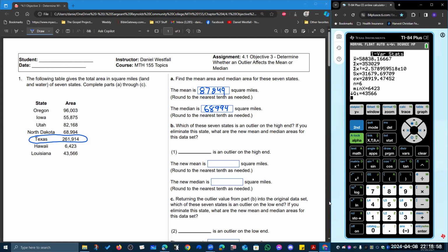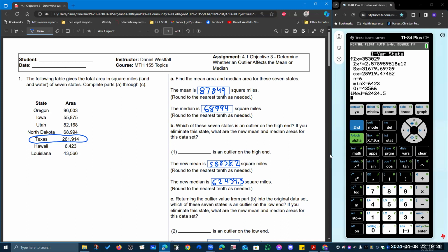That gives me a new mean of 58,838.2 and a new median of 62,434.5.